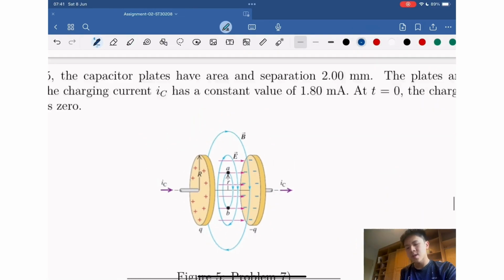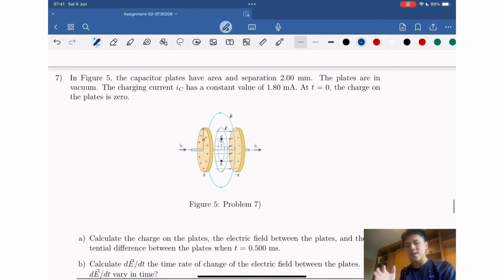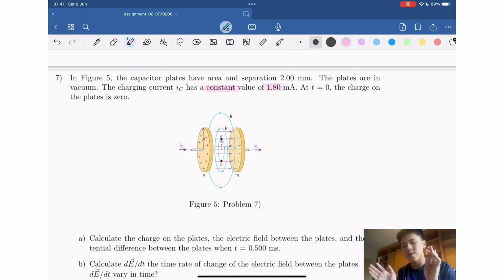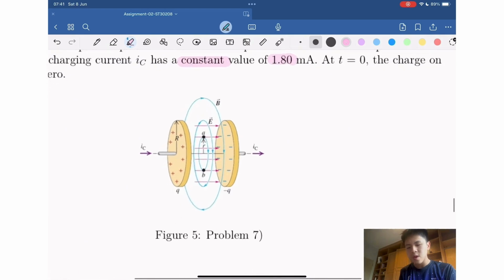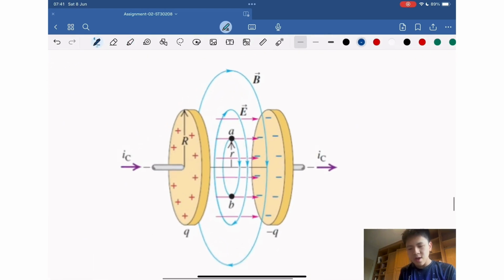Next is number 7. The capacitor plates have an area and a separation of 2 mm. The plates are in a vacuum, and the charging current Ic has a constant value of 1.8 milliampere, and the charge on the plate is 0 when t equals 0. So from this figure, we know that Id would be in this direction.